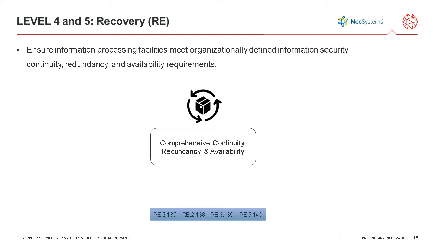Bearing in mind the maturity levels at 4 and 5 and the concept that plans are required for each domain, this will be interesting to see once the actual auditor requirements come out, but we're interpreting this as if you were to, nothing explicitly says you need to develop a business impact analysis or build a business continuity plan.